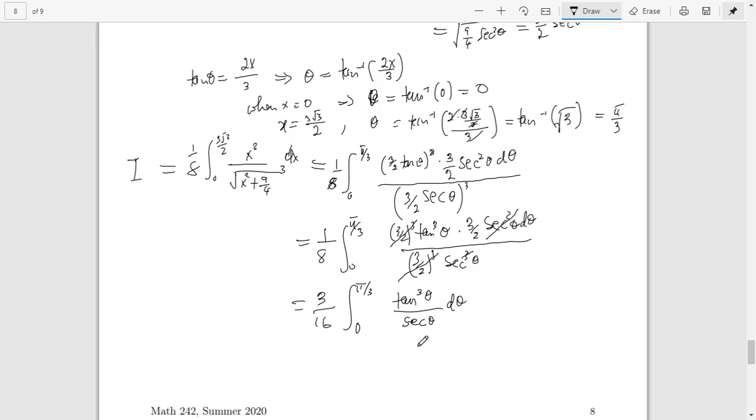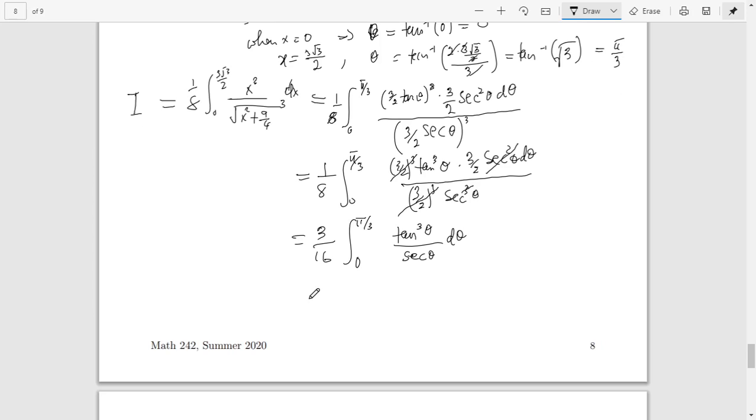I think it's easier if I rewrite these things in terms of sines and cosines. Maybe that will make my life easier here. So this would be equal to 3 over 16 integral of, tangent is the same thing as sine over cosine, so I'm going to get sine cubed over cosine cubed.